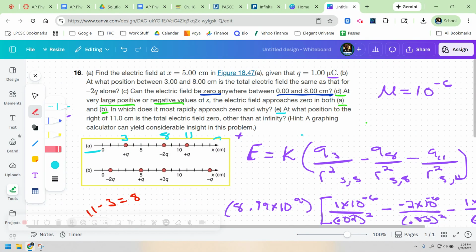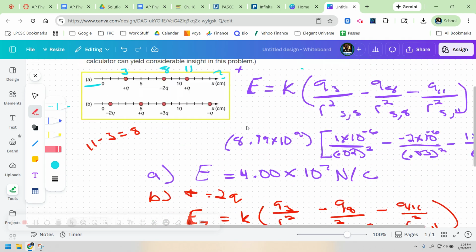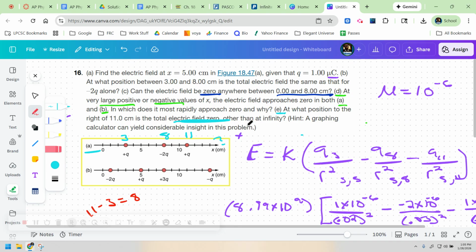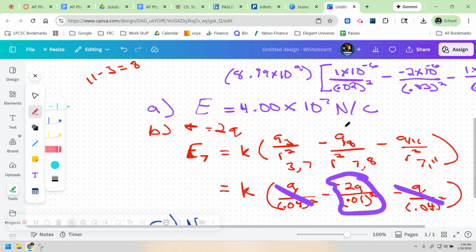So they want to know somewhere over here, where does my total electric field equal 0? So there's some proportionality here. So this is an interesting one. What we're really looking for, so let me do the math a little bit.